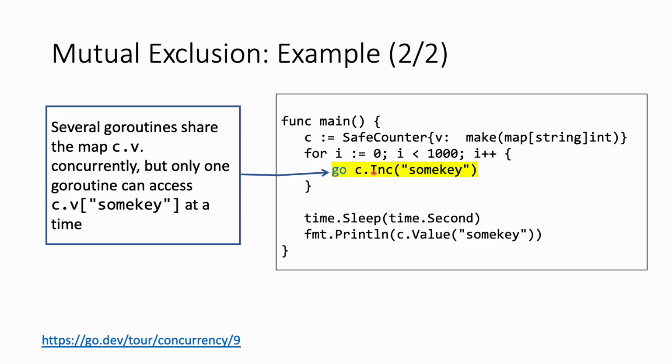Each new Go routine calls method c.inc with argument some key, so they all try to write to the variable c.v at some key. Without using mutual exclusion in the inc method, this could lead to a fatal error or unpredictable result. But with the mutual exclusion, only one routine can access the variable c.v at some key at a time.